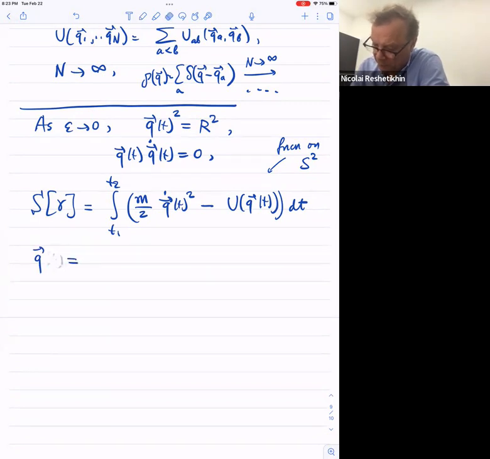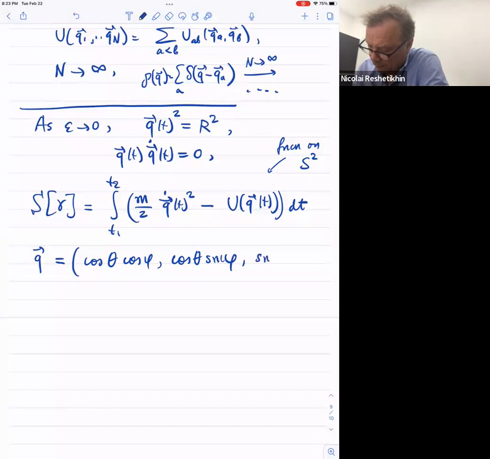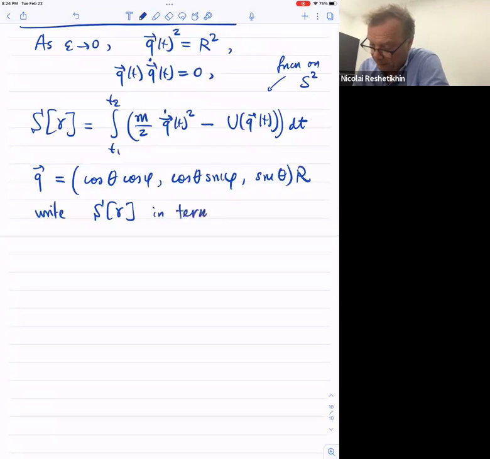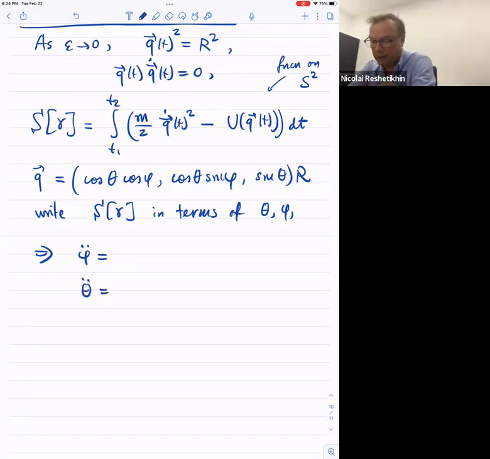Parameterize, use the spherical coordinates for this action and write S of gamma in terms of theta, phi, and then you will derive the Newton equation describing the second derivatives of angles theta and phi, but they will be very ugly.